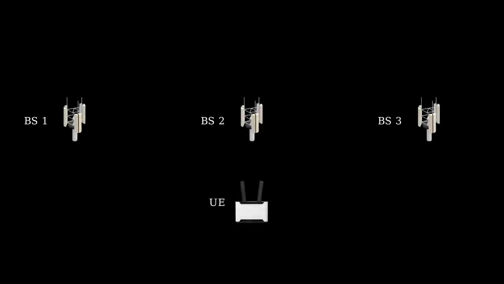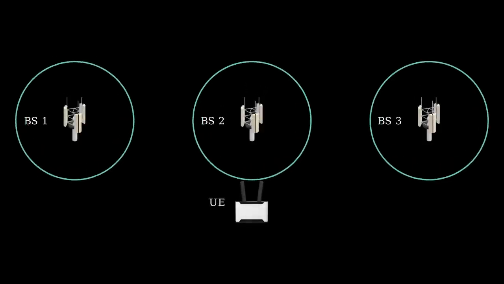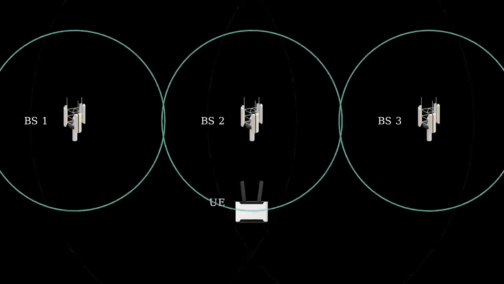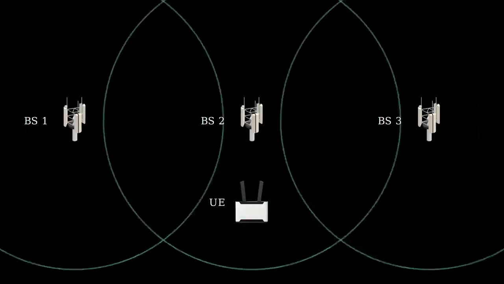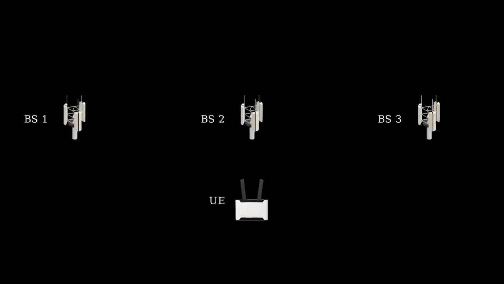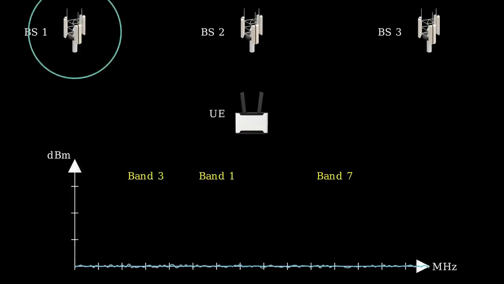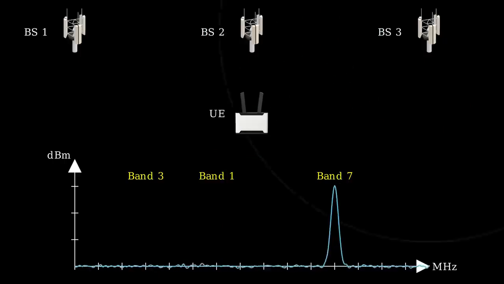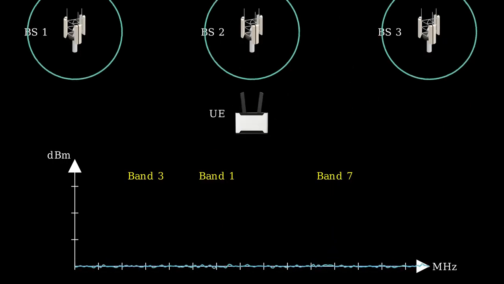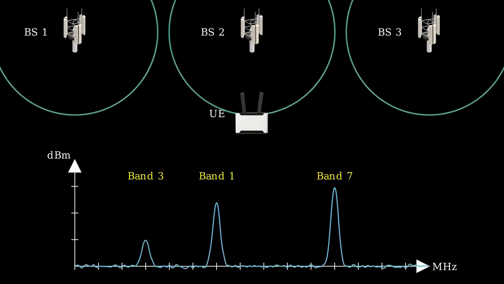Fortunately, we don't need to ask. LTE base stations are constantly transmitting synchronization signals every few milliseconds. These signals help the UE detect all nearby cells. Base stations can transmit these synchronization signals on different bands. In this case, bands 3, 1 and 7 respectively.